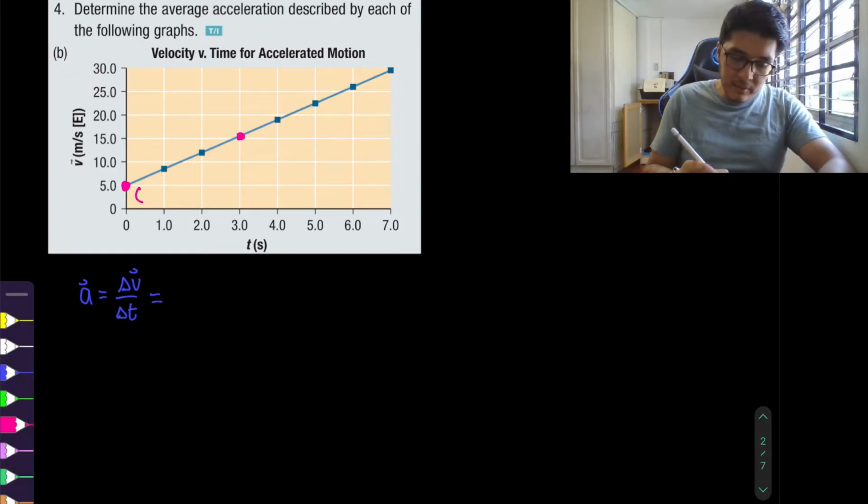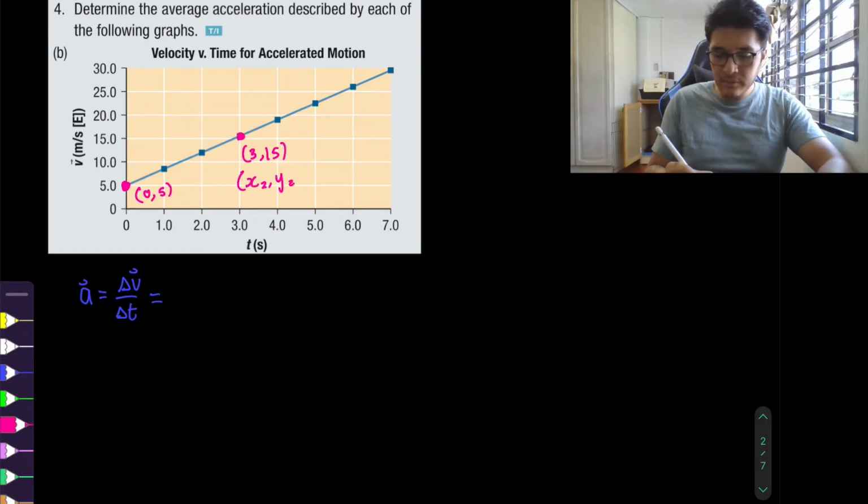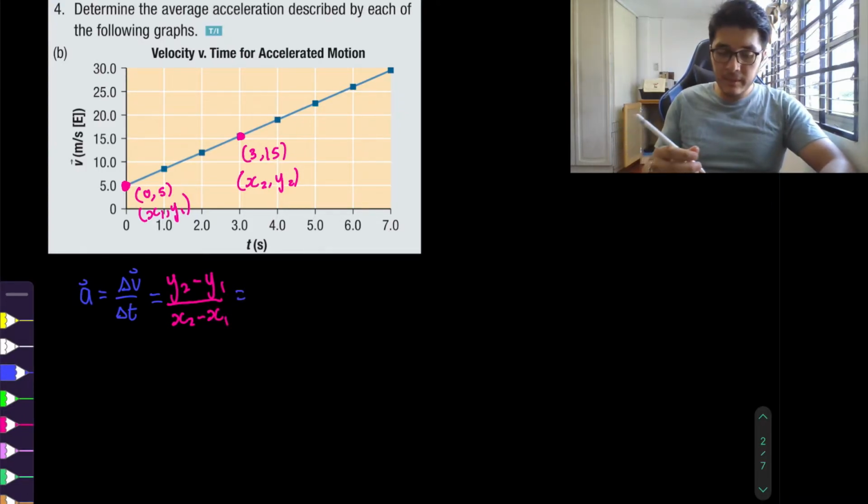Let's label these as (0, 5) and (3, 15), and to help us out with the formula, x2, y2 and x1, y1. So again, write down your slope formula. You don't have to do this, but it's a way to remind yourself that you're calculating the slope.